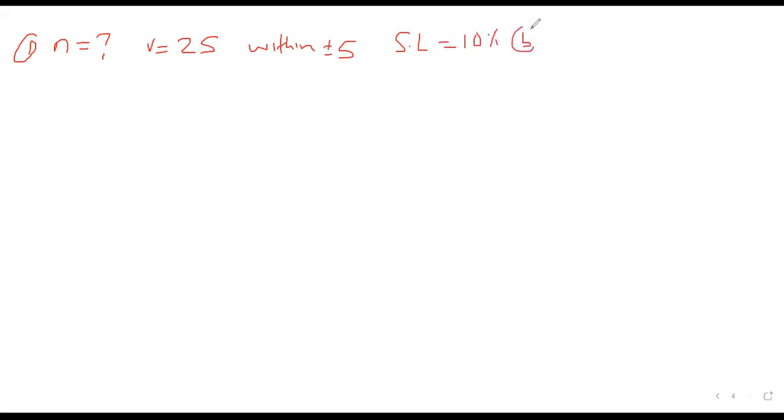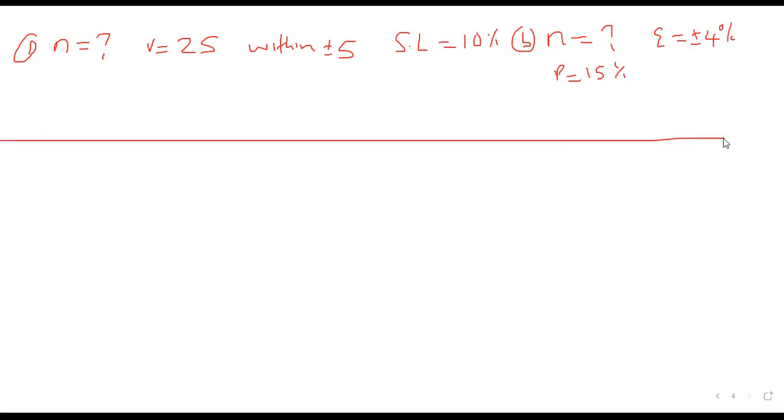In part B, we're asked to find the sample size, given that our P is 15% and our error is within plus minus 4%. Can we calculate our sample size? Who wants to try? The ladies, part 1, and the gents, part 2. Let's start with the ladies.